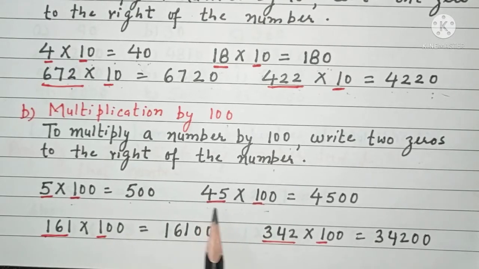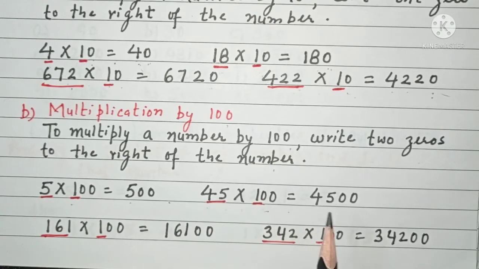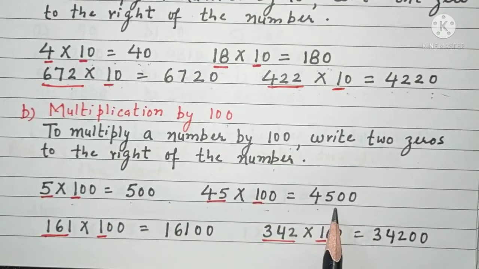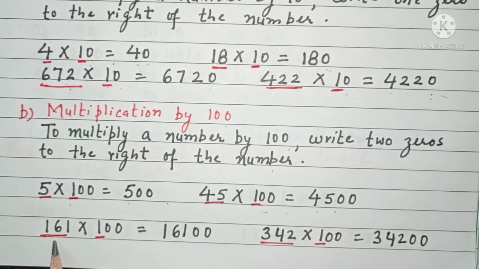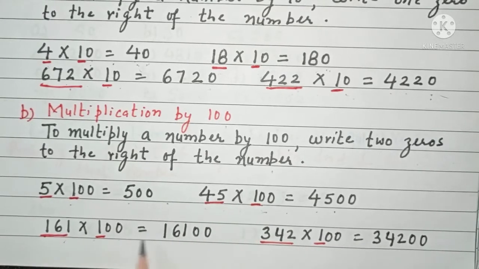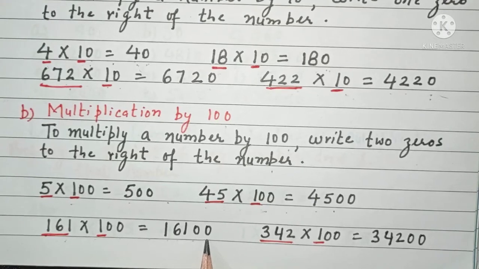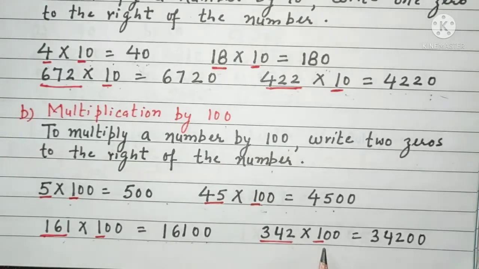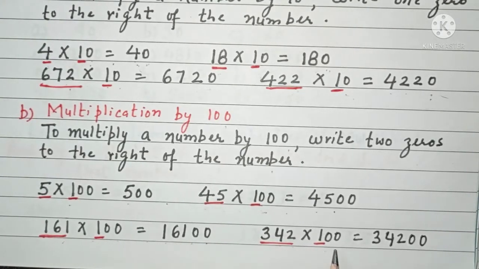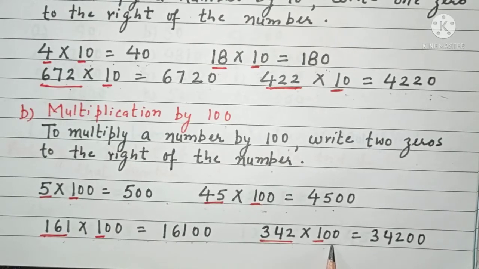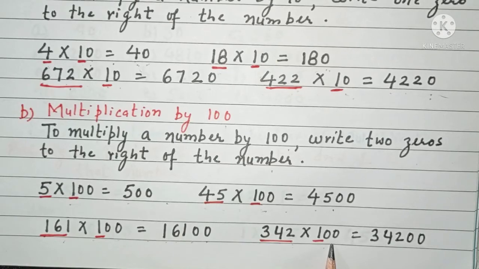Simply write 45 along with two zeros, that is 4500. Similarly, 161 into 100 is 161 along with two zeros. So 342 into 100 is 342 along with two zeros. So simply put two zeros along with the number which you are multiplying.